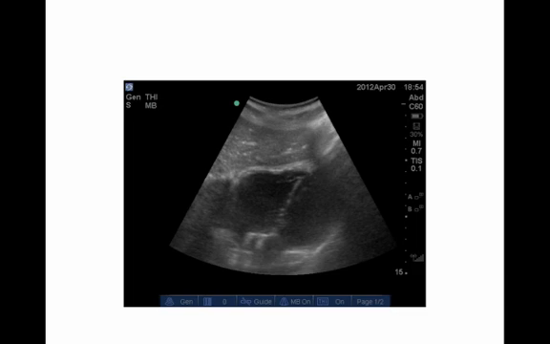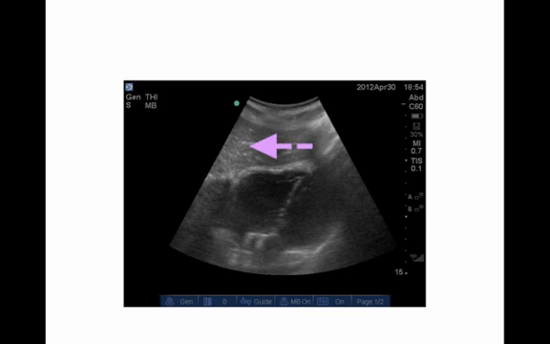Here is the ultrasound image that we want to generate. Again, let's go over the relevant anatomy on the sonographic image. Remember, this is near field, and this is far field. The near field structures are closest to your probe and will appear at the top of the screen.